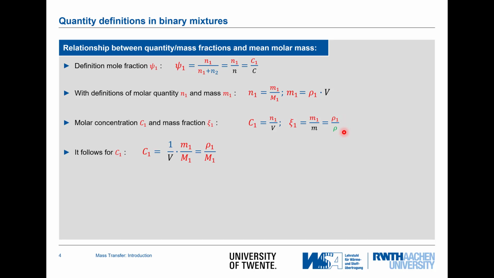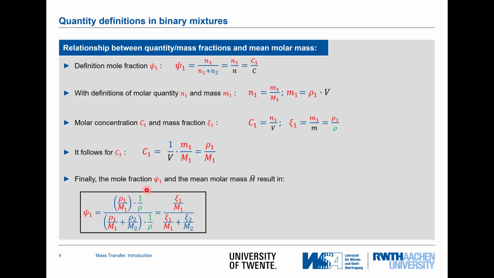Now we can put this one into the other. So replacing n1 by the expression up here leads to what we see here, and then we get for c1 that's ρ1 over M1. And this leads us to the expression for the mole fraction in terms of mass fraction. So see this is here c1, and this is c1 plus c2 when you look up here.